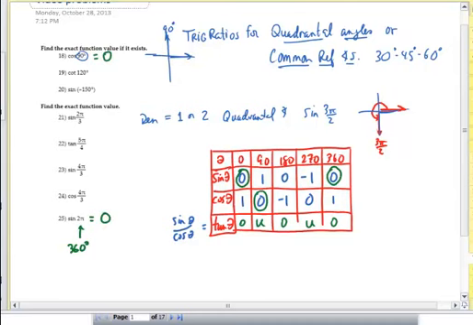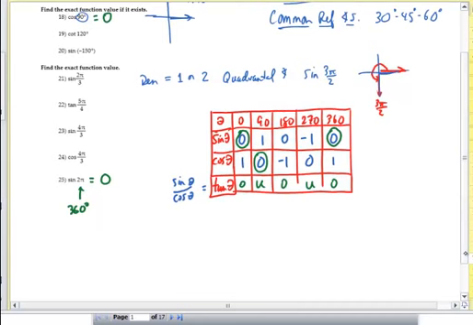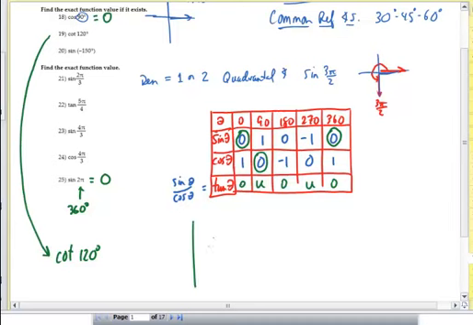Now let's look at how we handle the common reference angles. For instance, we have the cotangent of 120 degrees. First, you have to draw a 120 degree angle in standard position. You have to draw the reference angle, which would be 60.